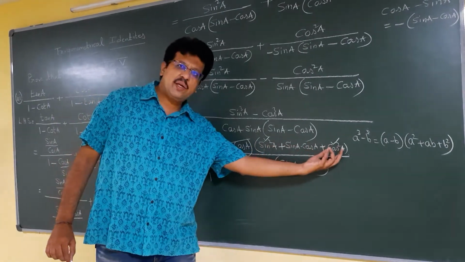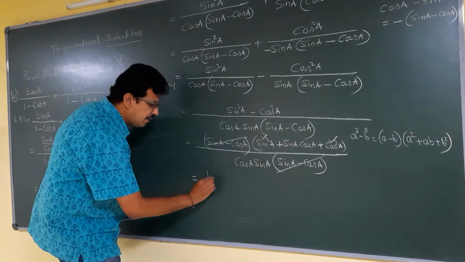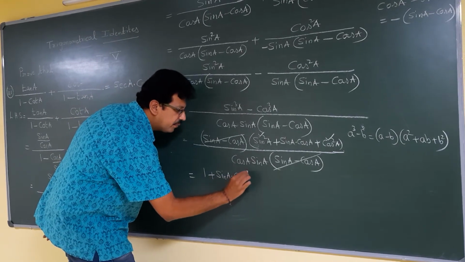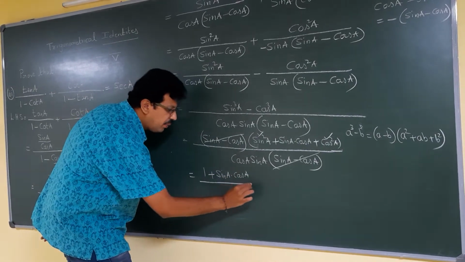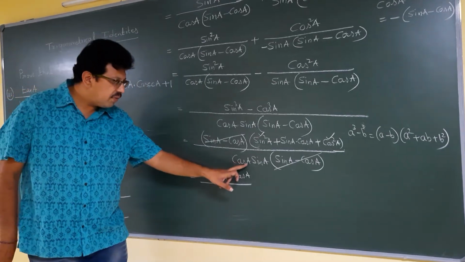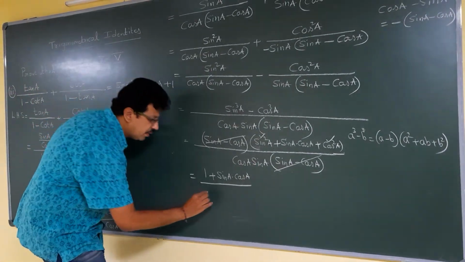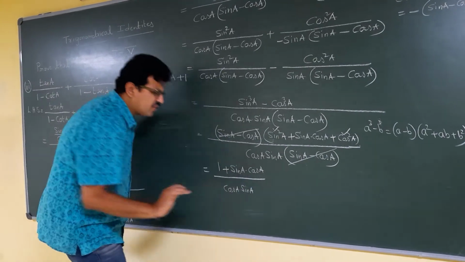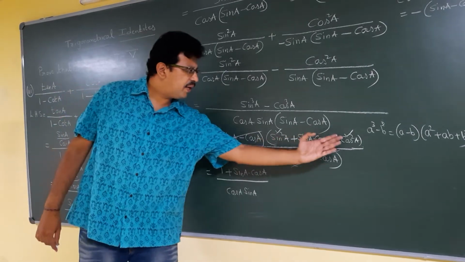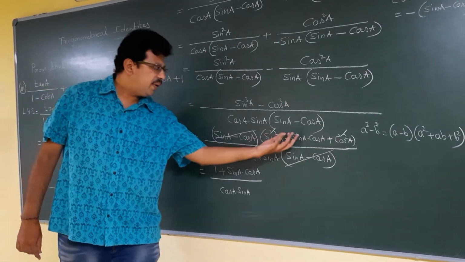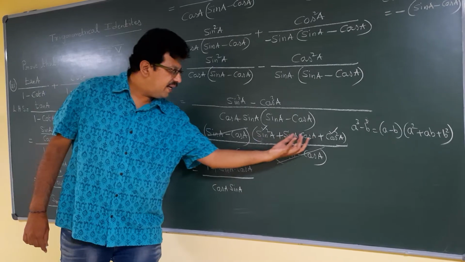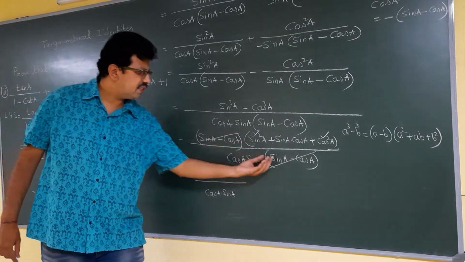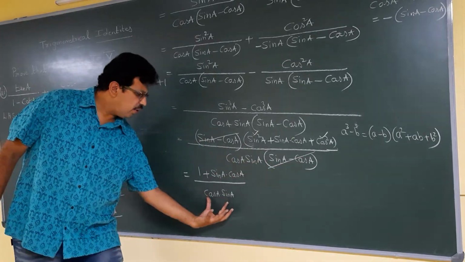Sin square A plus cos square A is 1, plus sin A into cos A, whole divided by what is left here, cos A into sin A. I am just writing whatever terms are left. Sin square A plus cos square A is written as 1, plus sin A into cos A I have written as it is. And these two terms, sin A minus cos A, got cancelled. The remaining term is the denominator as it is.